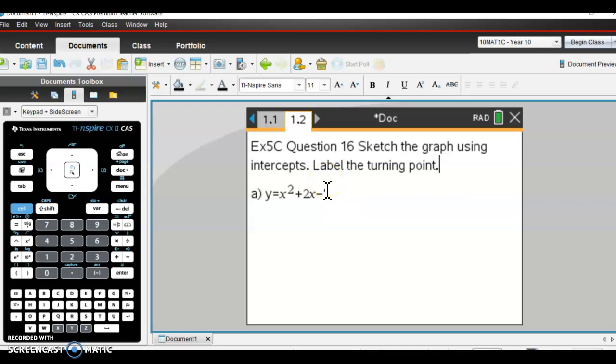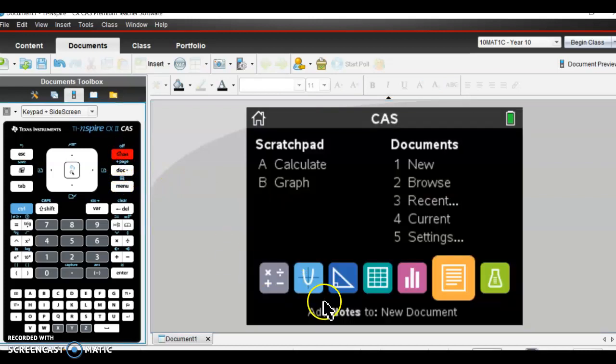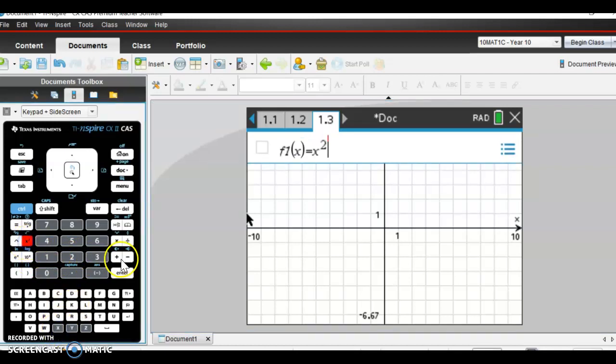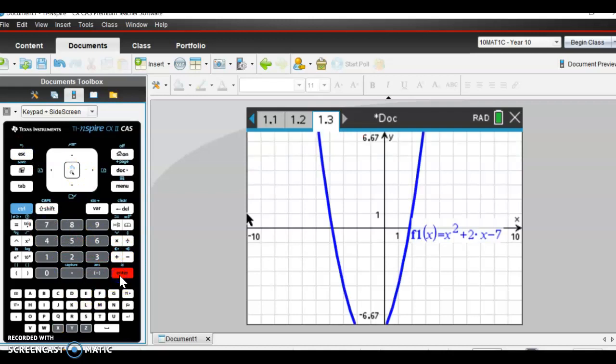Knowing that you can use your calculator because it's tech able, you'll simply load up a graph page, and we just type in that equation, which is x squared plus 2x minus 7. Press enter.